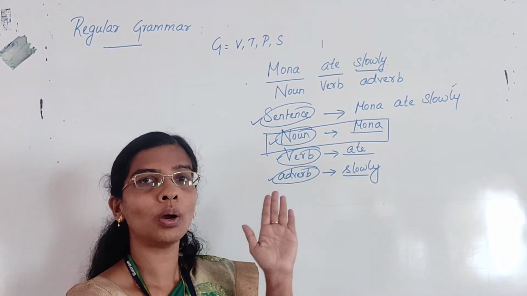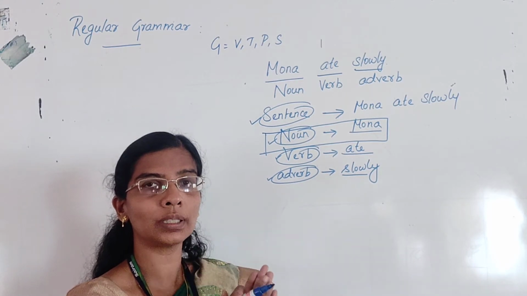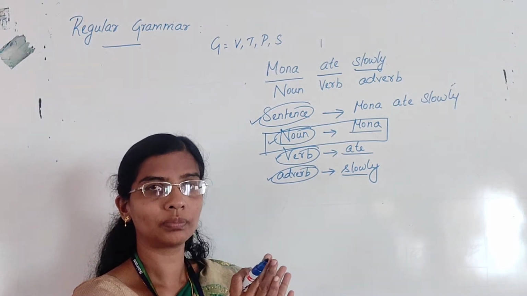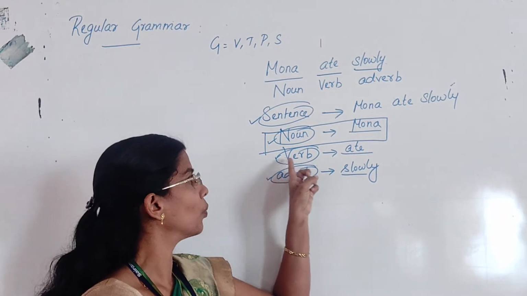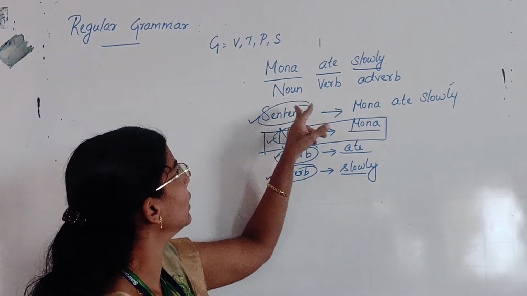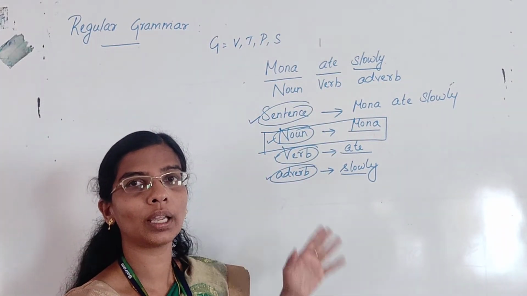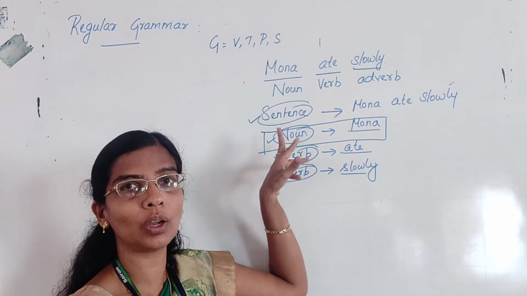So, how do I write my rules? Rules will have LHS and RHS separated by arrow mark. And what I have in LHS is my variable or non-terminal.